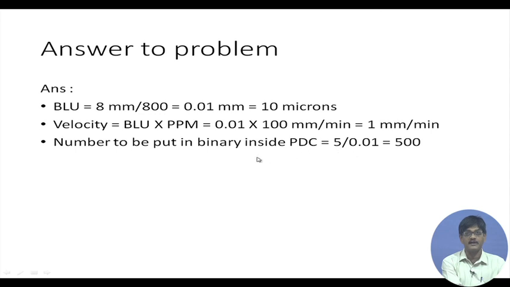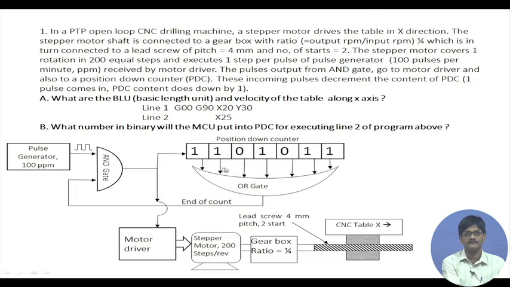And what should be the number which should be put in binary inside the position down counter? For this, let us quickly go back and have a look at how it works. Once this position down counter is loaded with a number, unless and until it is counted down to 0 by these incoming pulses from the AND gate, it will never send out a 0 as the output of the OR gate, and that will never be able to stop these pulses from entering the position down counter.